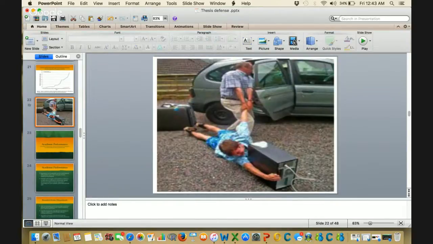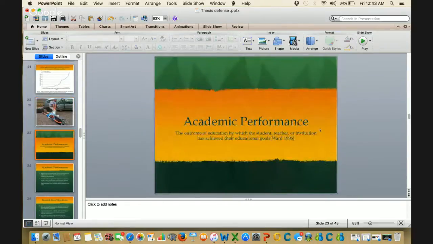And the comorbidities associated with internet addiction can lead to academic performance issues. We define academic performance as the outcome of education by which students, teachers, or institutions have achieved their educational goal. But we also use a standard measure for academic performance, the GPA.